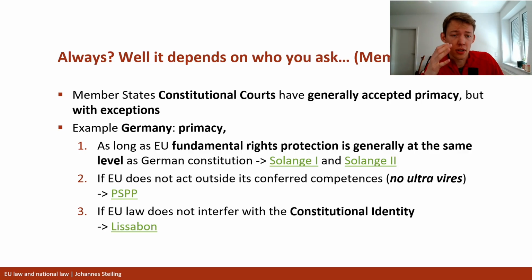So the German Constitutional Court said, well, as long as the EU does not provide a protection standard for fundamental rights which is equal or at least generally equal to our constitution, then we will actually not accept primacy.